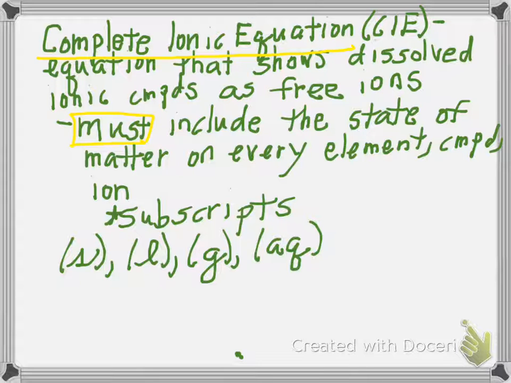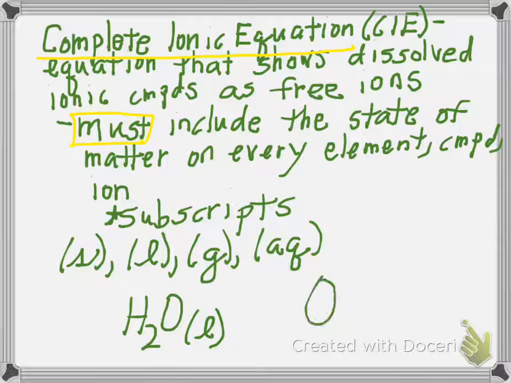So for example, water is a liquid at room temperature, so we would write water, H2O, liquid. Another example, oxygen gas at room temperature is a gas, so we would do a G. Okay, so again, when you're doing a complete ionic equation or a net ionic equation, you have to include these states of matter.